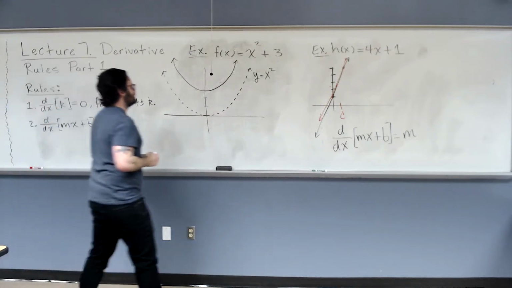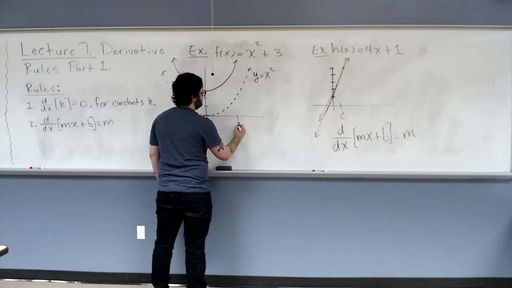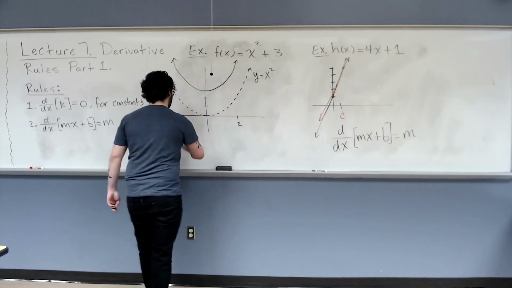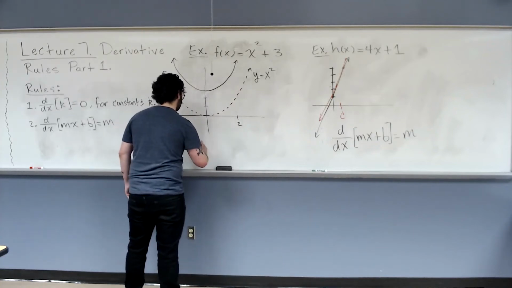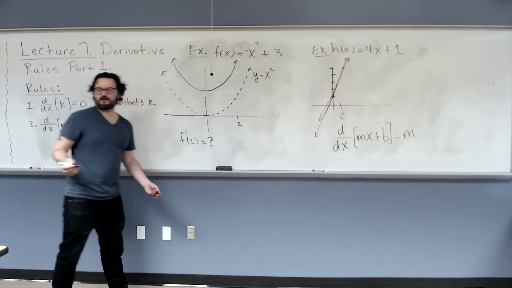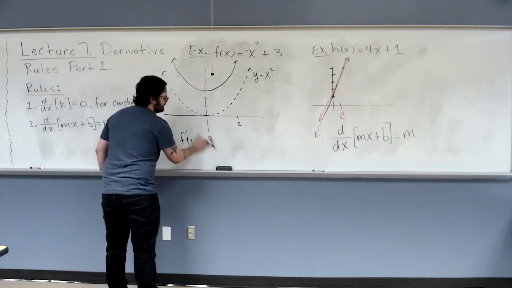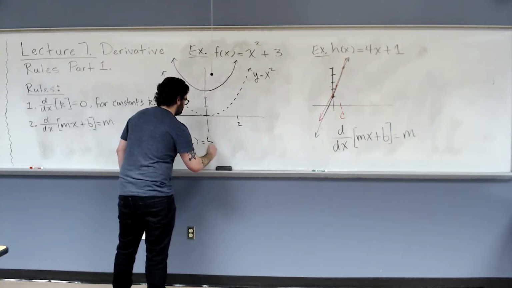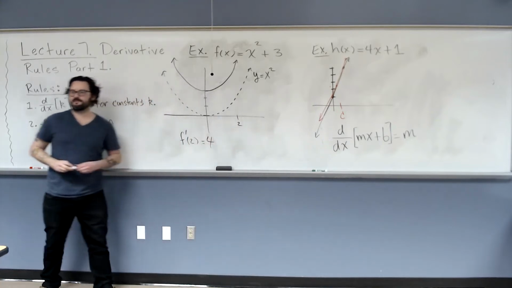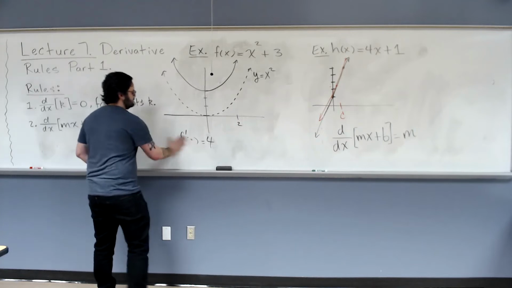Right? So if we wanted to know, like at 2, for example, what is f prime at 2? We actually found that out last time. We calculated it last time. It's 4, right? Oh no, sorry.